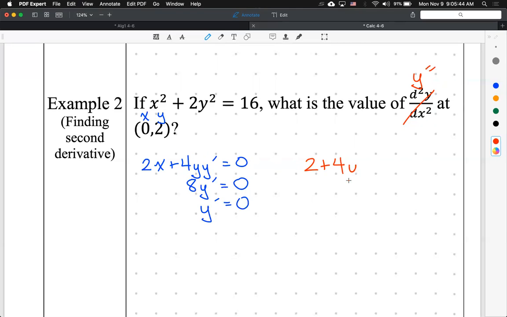So 4y. And then 1d2. So the derivative of the second one. y double prime. Good. Plus, or times what? Close. 4y prime. There's 4y prime. All right, and that's still set equal to 0 because the derivative of 0 is still 0.